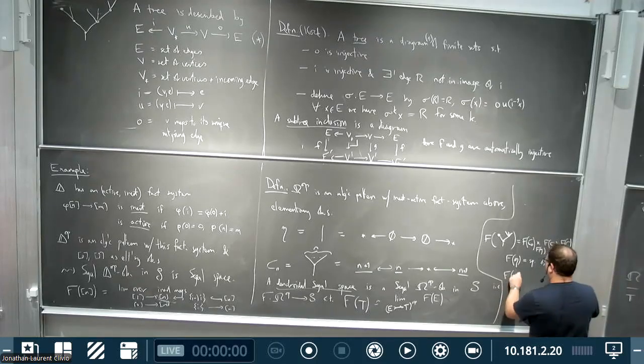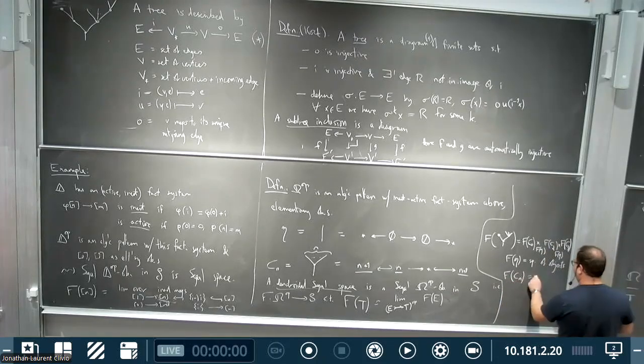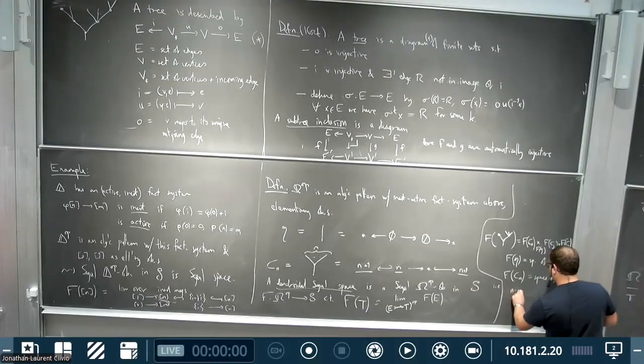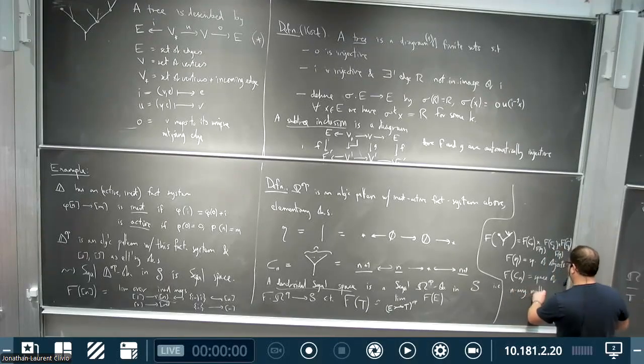And then the value at the n-ary corolla should be the space of n-ary multimorphisms, so multimorphisms with n inputs.